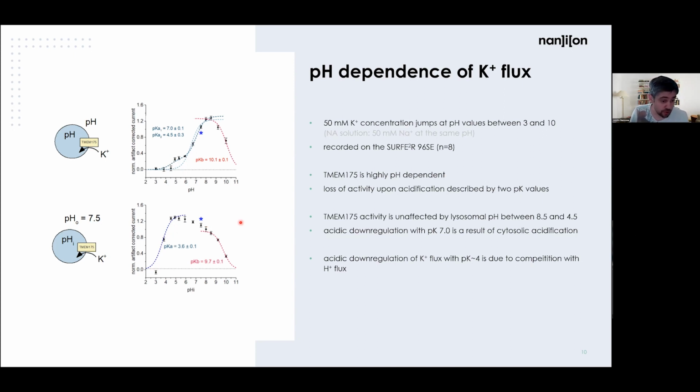So as a conclusion, this downregulation we measured at symmetrical pH values must be due to changes in the cytosolic pH environment. And we think this is a kind of a mechanism to stop further acidification of the cytosol once the cytosol tends to acidify.